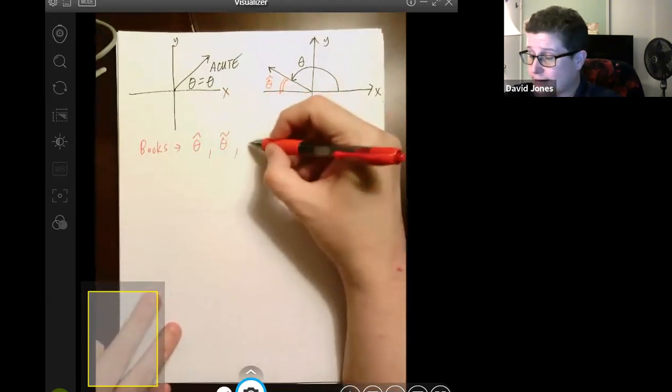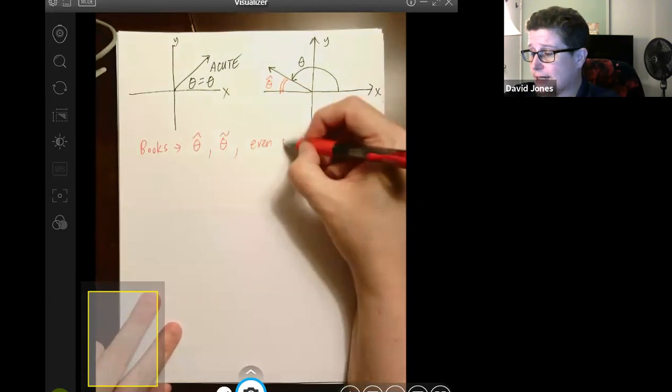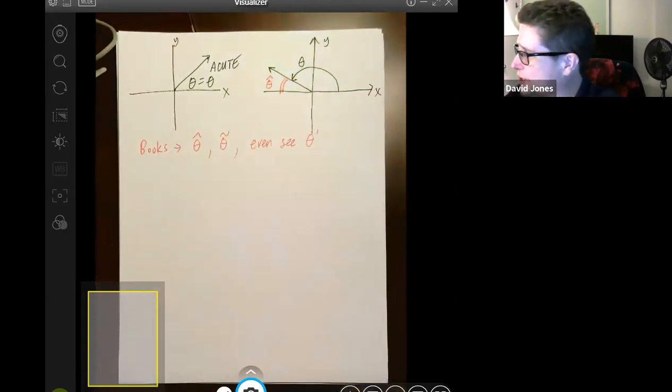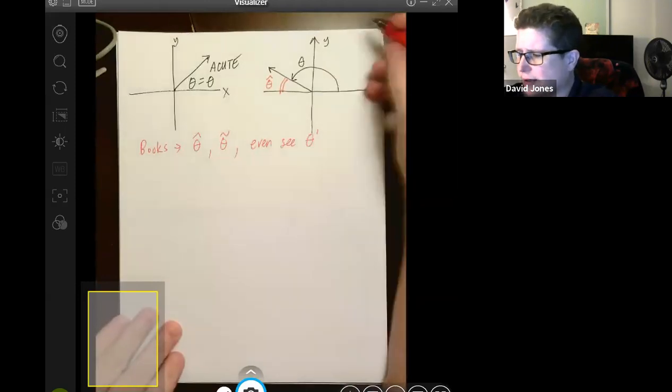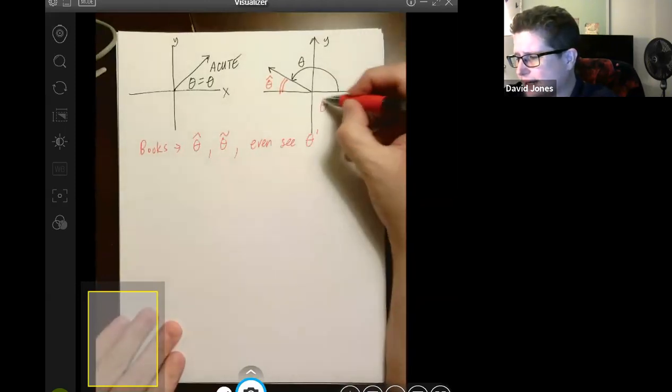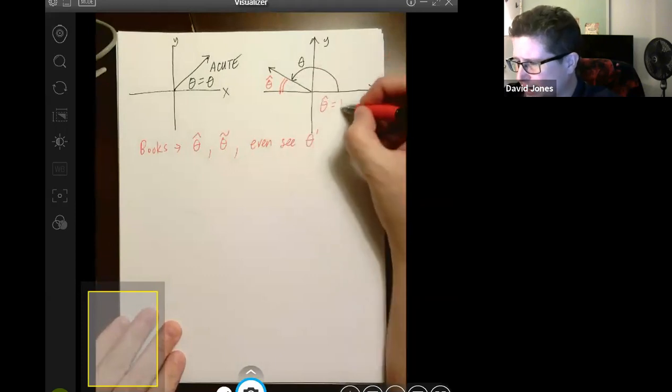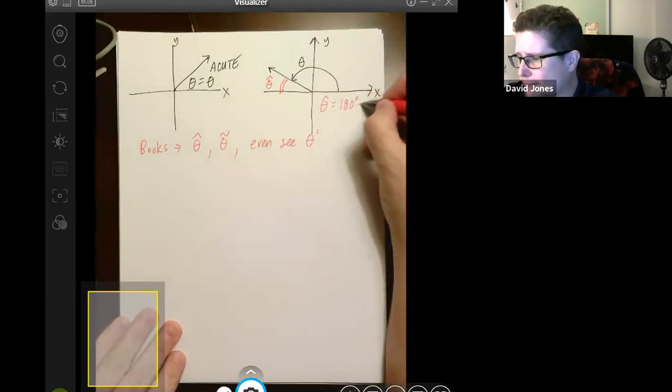You might even see theta prime with an asterisk or an apostrophe on it. Okay, so that's theta hat. Here, theta hat and theta have to add up to 180. So theta hat is 180 degrees minus theta.